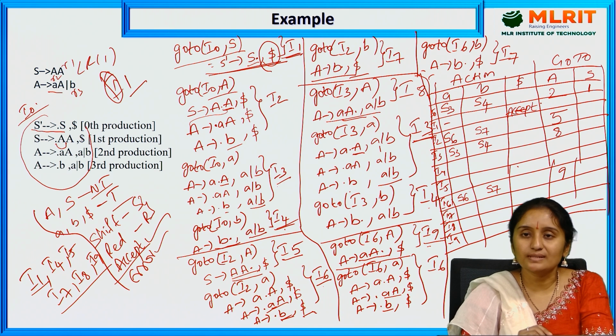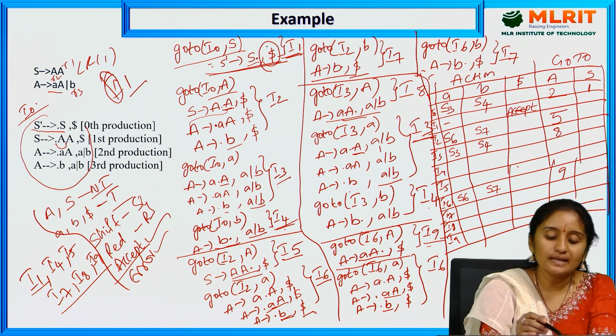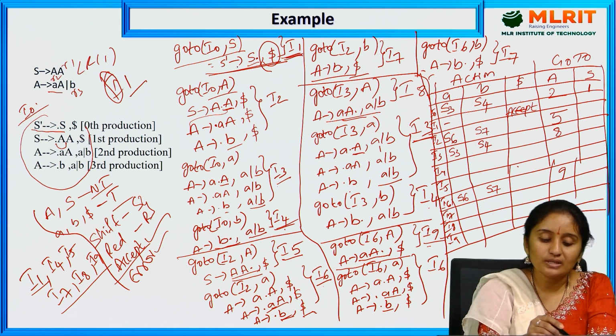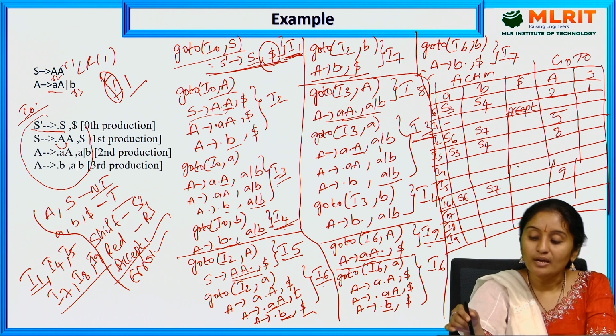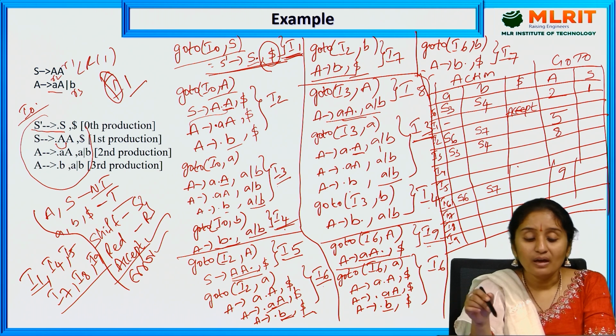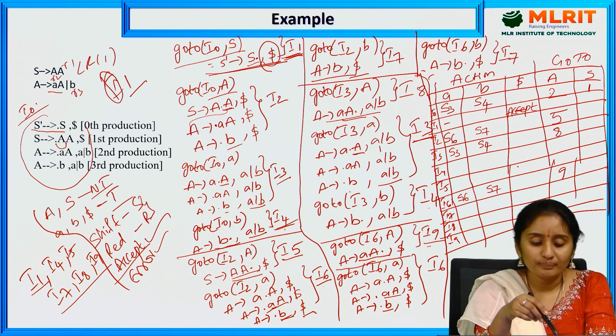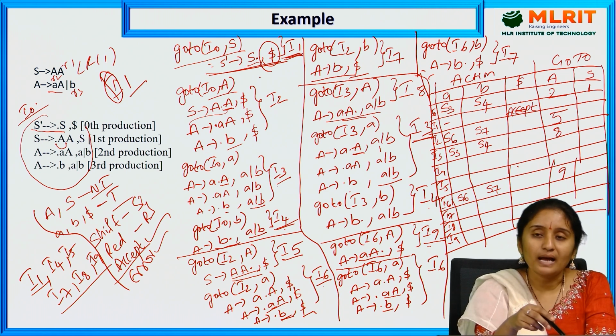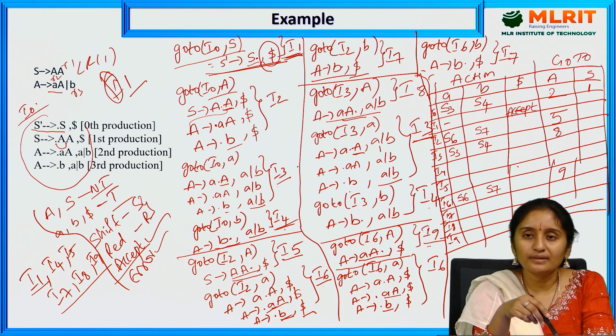It ended in the I1 state, so you plot it in the place of dollar. Dollar indicates that my string is accepted. For every state there will be an accepted, but the start symbol indicates my completed reading, so we write dollar accept there.